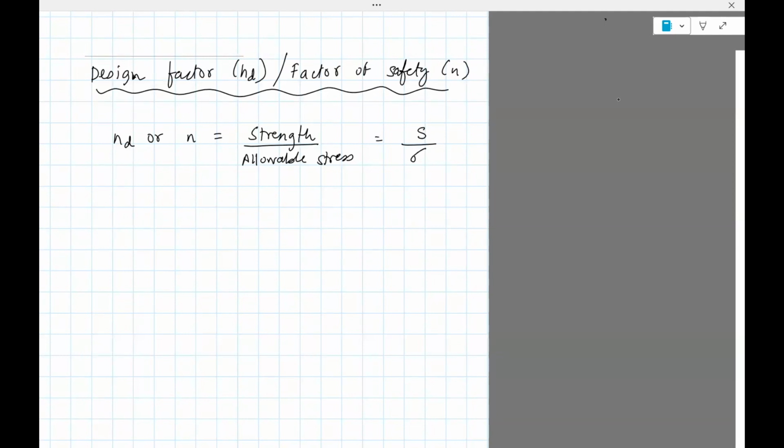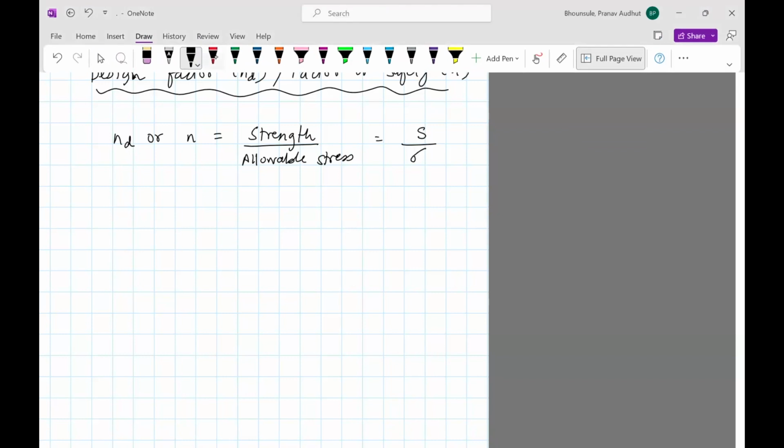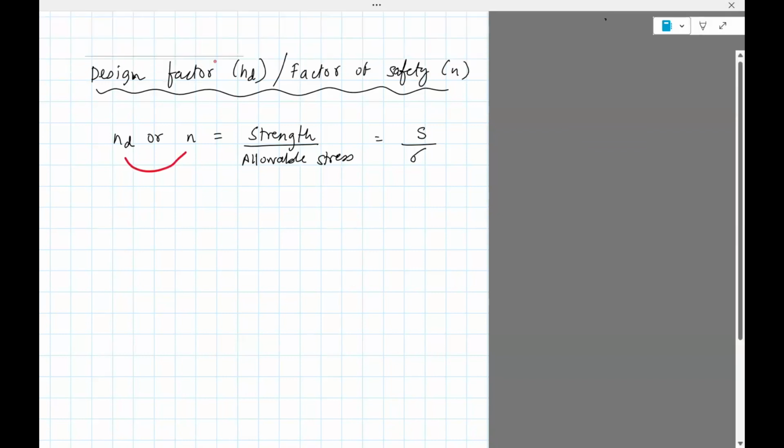Of course, that will change depending on the type of loading. We'll come to that a little bit later. You see that ND or N have no units. That's because when you are computing the strength and allowable stress, both of them have the same units. So they have no units.